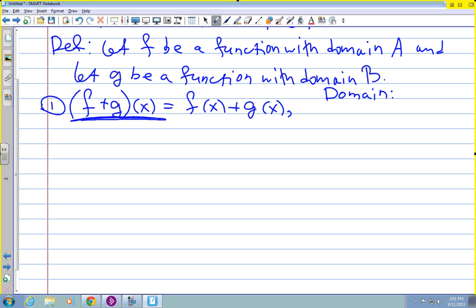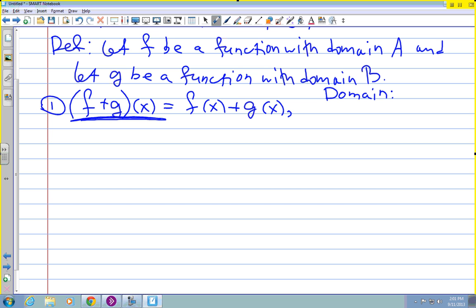And this is the more interesting question. So let's think about this for a second. What is the domain of f? A, right? Everything in A makes f work very well. What is the domain of g? B. Now I'm adding the two, so I want both of them to work at the same time.